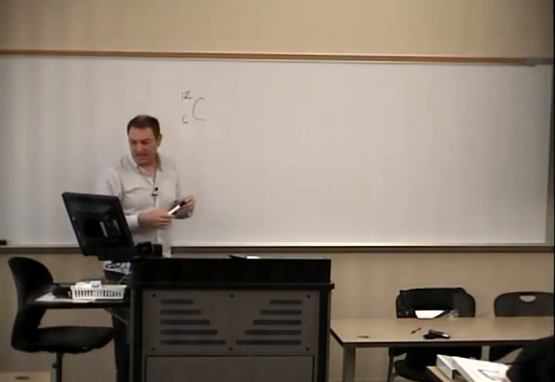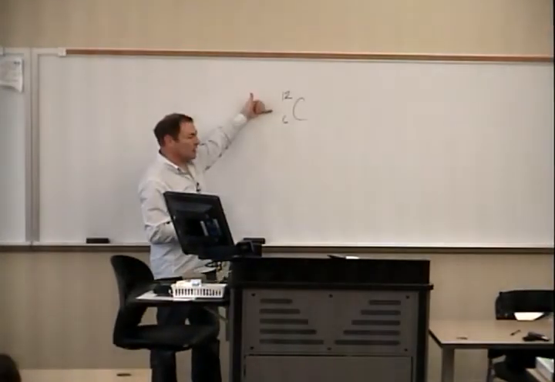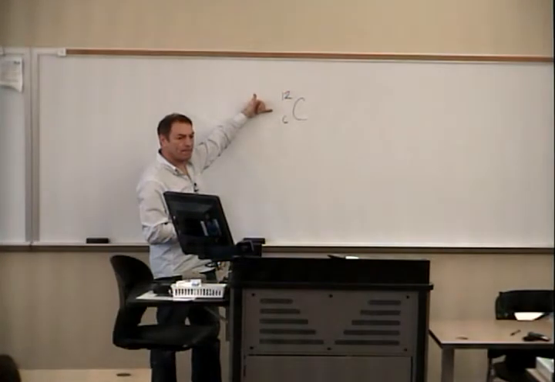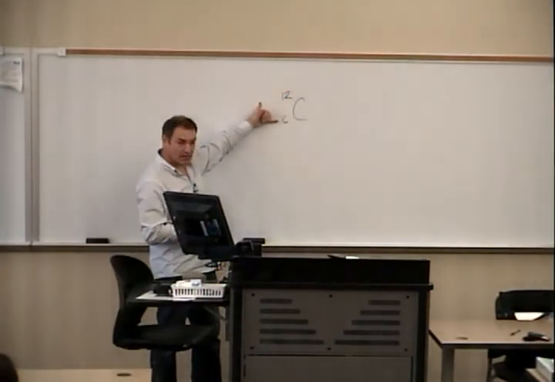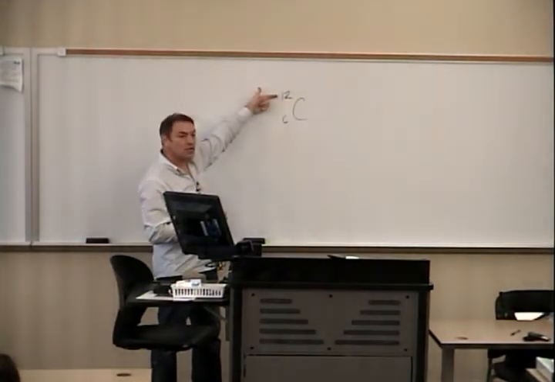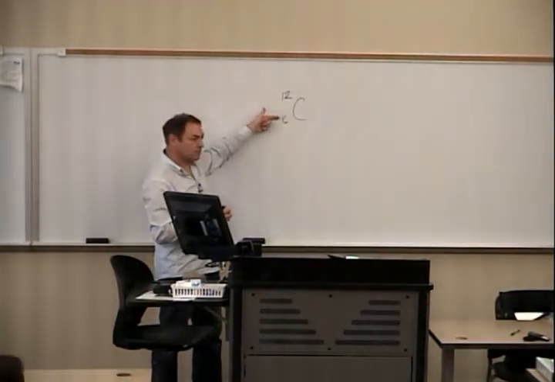So what does that tell us about carbon? How many protons does a carbon atom have? 6. Okay? Now, how many neutrons does this carbon atom have? 6. Everybody okay with that? Everybody okay with working out the number of neutrons if I give you the atomic mass and the atomic number? Yep. All right, good.